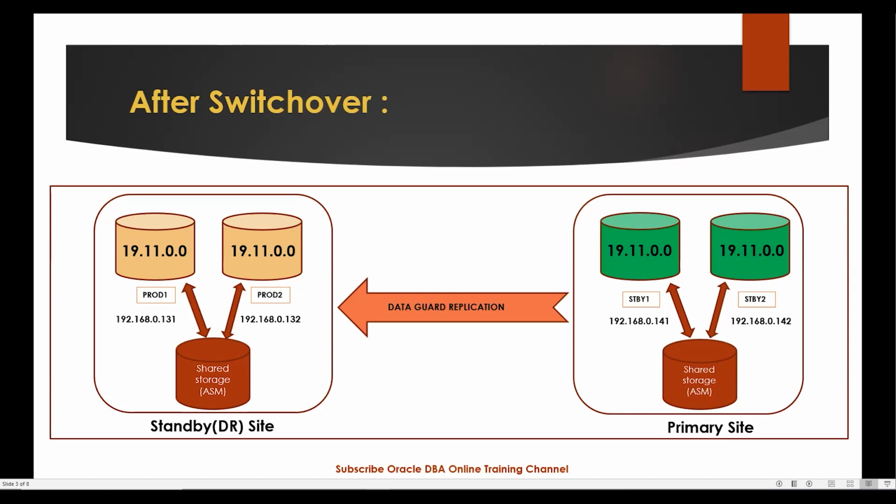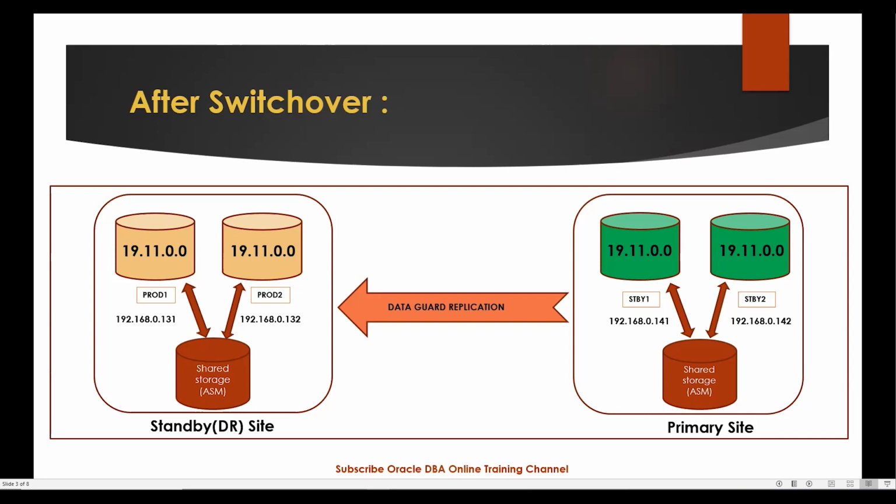You will probably try to fix that server issue, or you can perform a switchover to avoid the situation on the primary site and move to the standby site. Sometimes there is also a compliance requirement from the organization, quarterly, half yearly or yearly, that they need to perform switchovers, so that in case of any failure on the primary site, they can switch to the secondary or standby site.